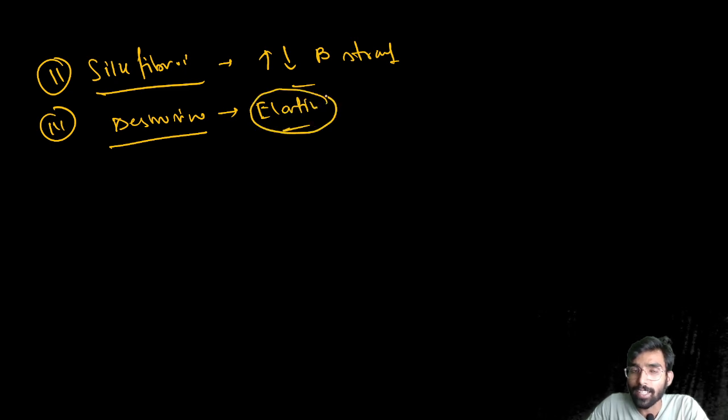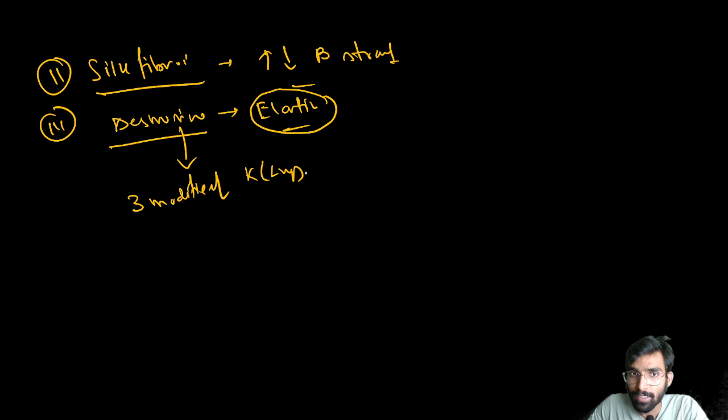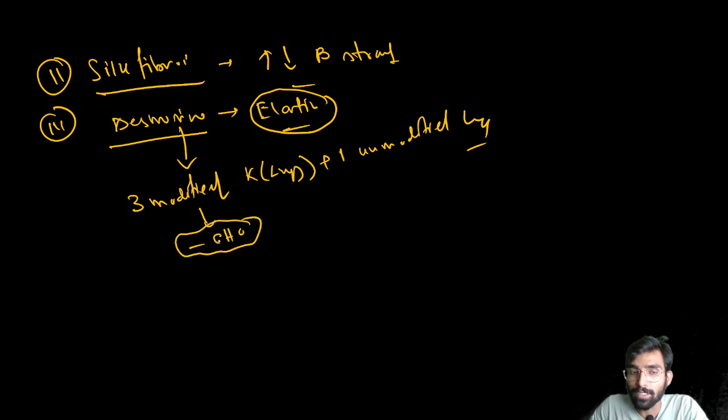That is the second most abundant protein after collagen. In desmosine, three modified lysines plus one unmodified lysine are involved. Modified means they are already converted to CHO, and with one unmodified lysine they make desmosine, which is the main component of elastin.